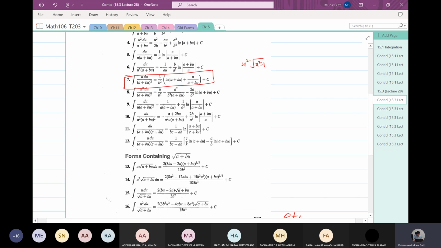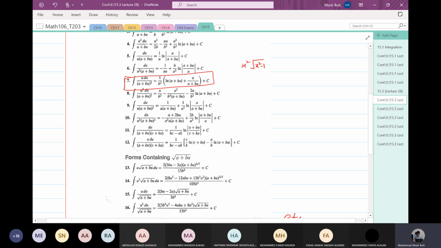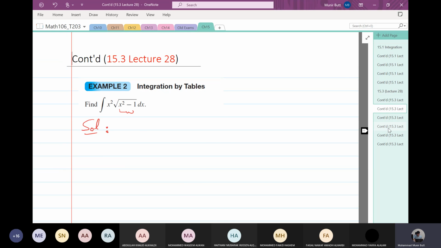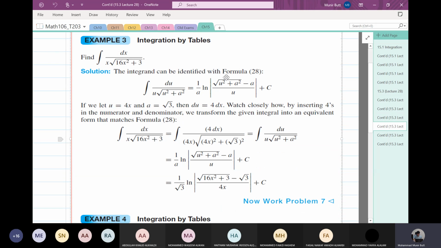Or maybe we need, because there are more formula lists, I just put the one copy, and let me check the other one. But anyhow, you just plug in the formula and you will get the answer, okay? So for example, this is the formula for dx, and this is the formula dx over this form, and you just plug in and you will get the answer.